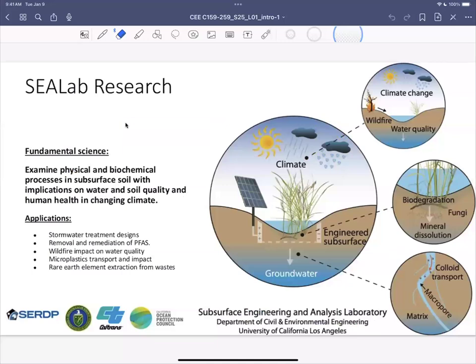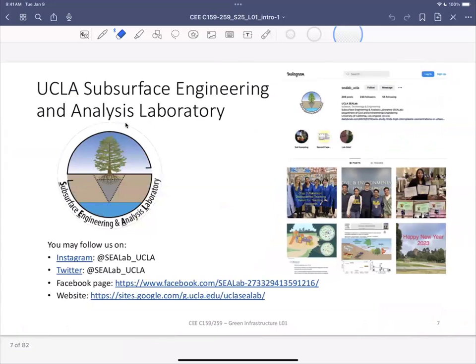We understand the process, and once we understand it, we know how to use it for different treatment technologies. You are welcome to check the website, and if you have any questions, do reach out to me. We have a presence on Instagram for students to connect with the different kinds of work we do, and on Facebook. We're not so active on Twitter or Facebook right now, but most things can be found on our website.